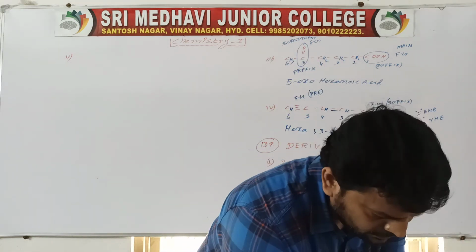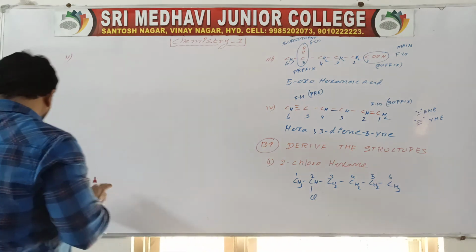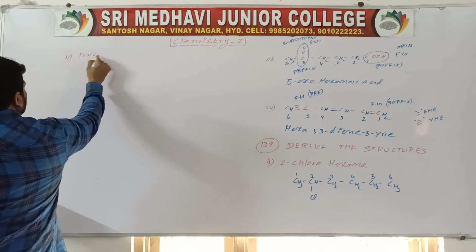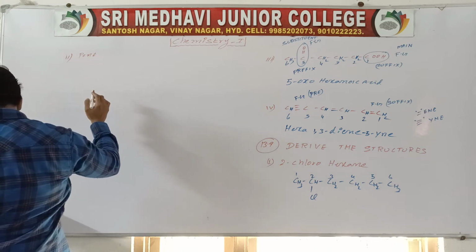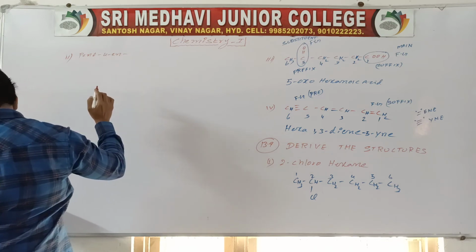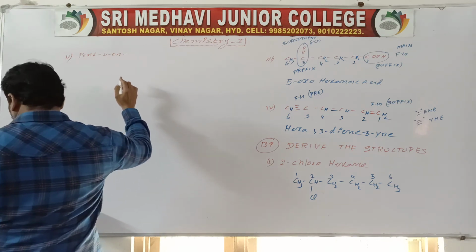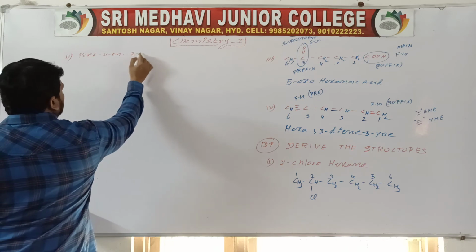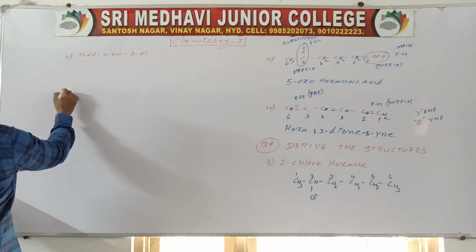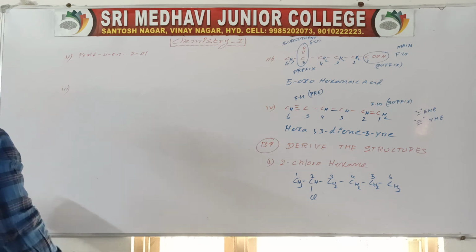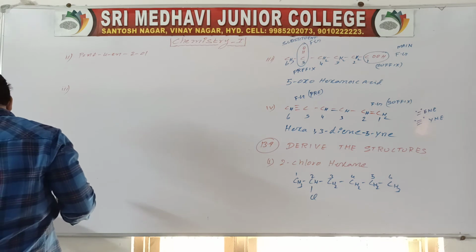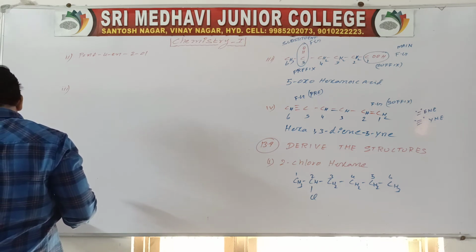So we have to write pent-4-en-2-ol. Second one. Next, third one, nitrocyclohexene.